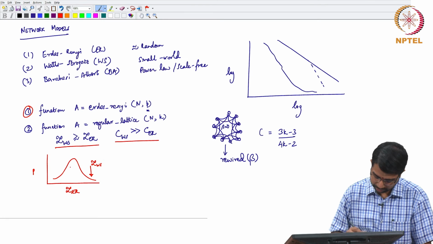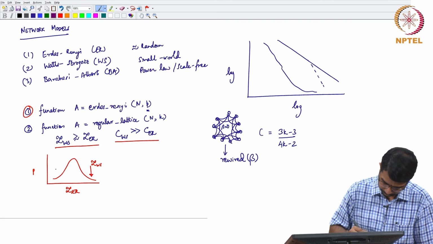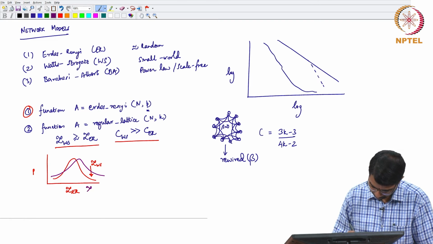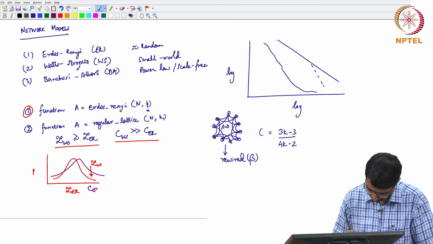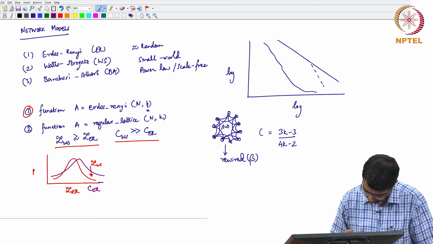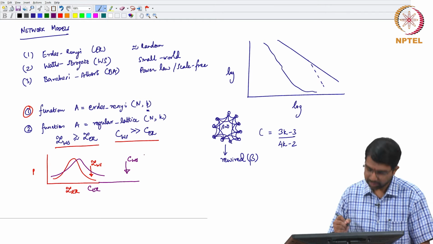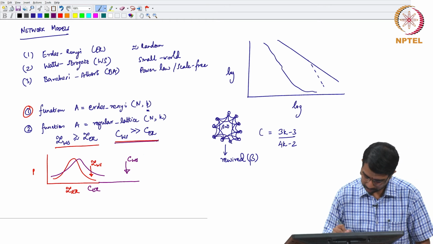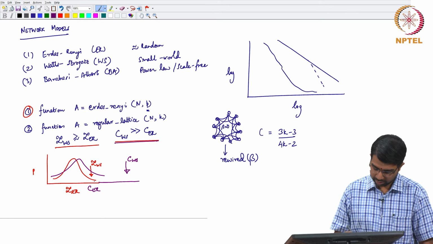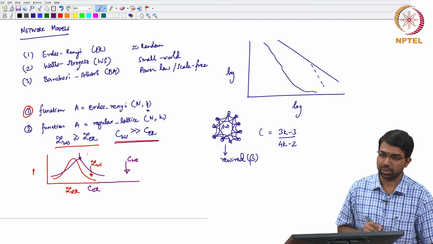But if this were actually the clustering coefficient plot, C_WS might actually lie somewhere here, because it is much greater than C_ER. The mean value of C_ER is of course somewhere here.